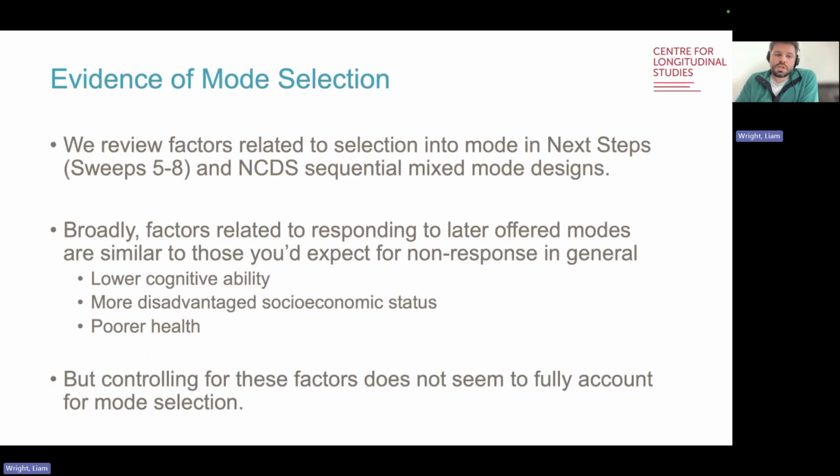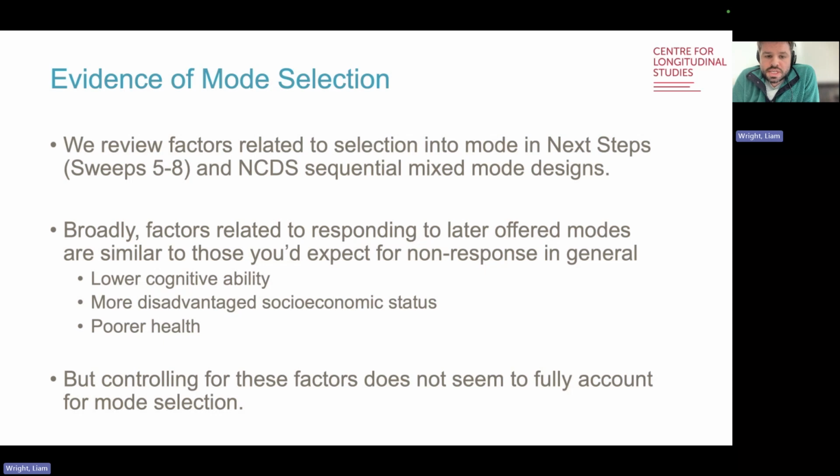Mode selection. So we also do some empirical work just to look at the factors that are related to selection into mode in sweeps 5 to 8 of Next Steps and in age 55 of NCDS. NCDS at that age used a telephone then web design.